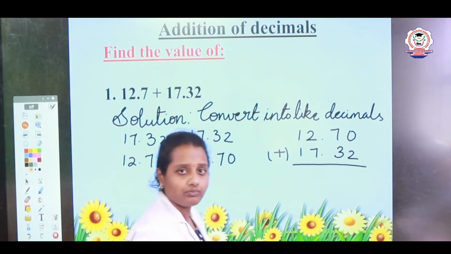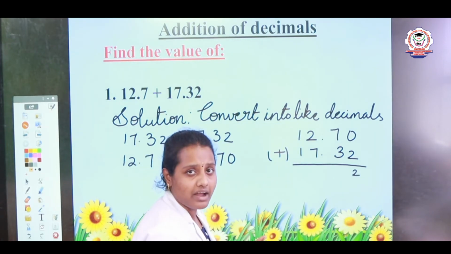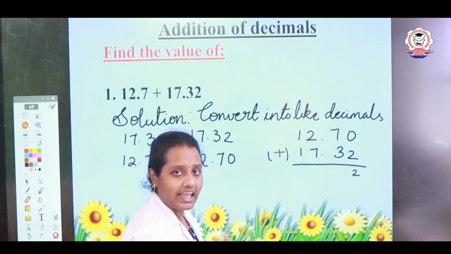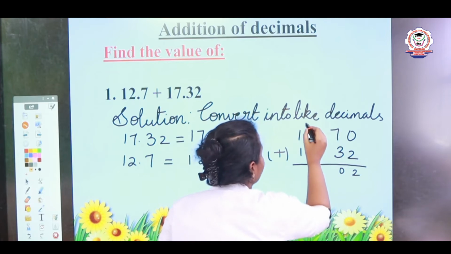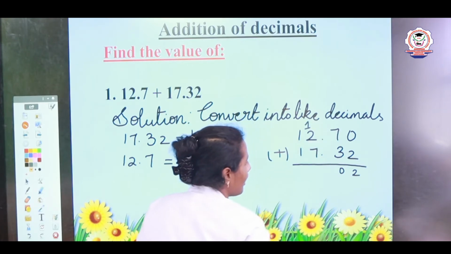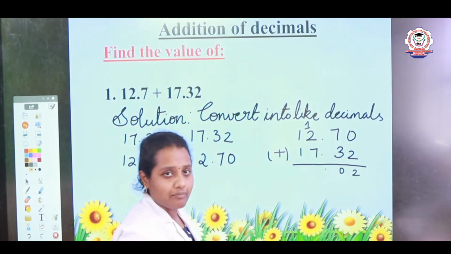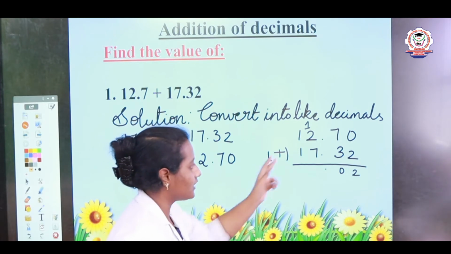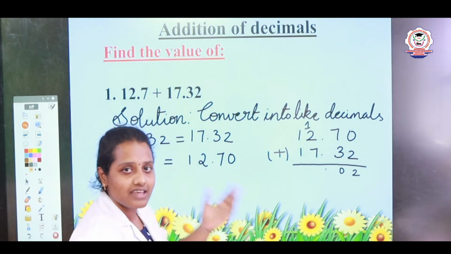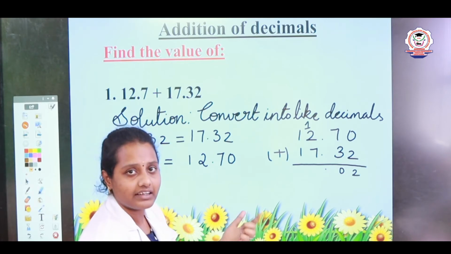0 plus 2, very good, it is 2. 7 plus 3: 7 in the mind, 3 on the fingers, 7, after that 8, 9, 10. So we put 0 here and carry 1 to the next number. Before going to the next number, we put the decimal point in the same column. 1 plus 2, very good, 3. 3 plus 7: 3 in the mind, 7 on the fingers, 3, after that 4, 5, 6, 7, 8, 9, 10.